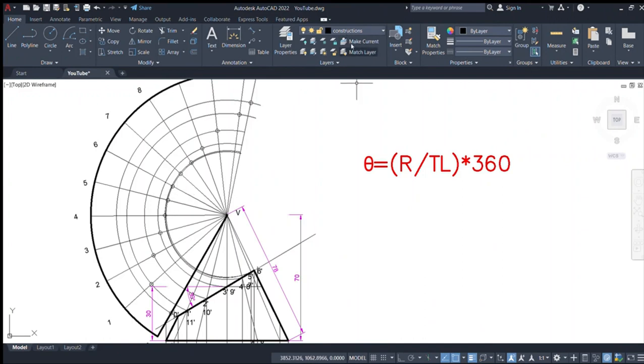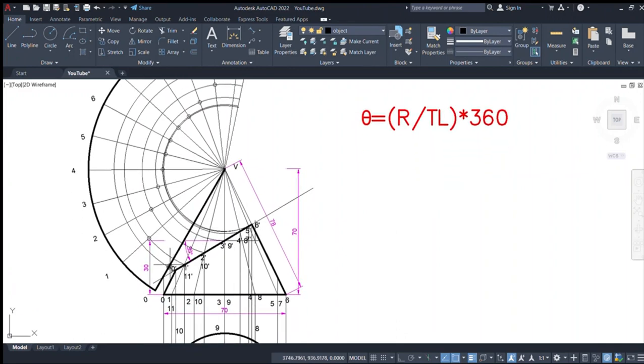Once you're done marking, take your French curve and join all these points.